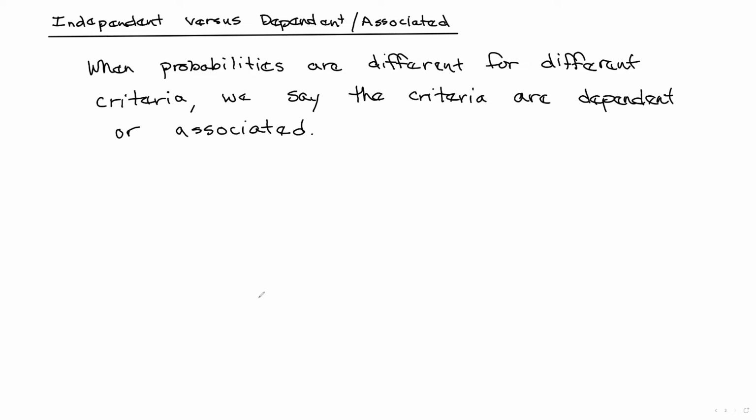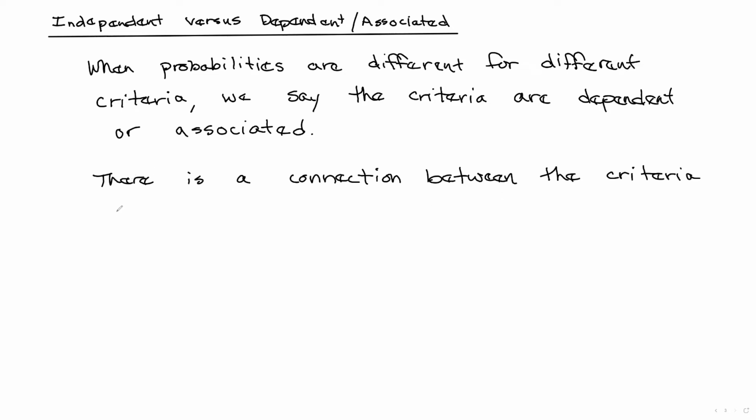All right, and so that's what we're saying is associated, those two things, education level and your chance of being married. All right, so this is another way of saying there is a connection between the criteria whose probability we found, whose probability was different.